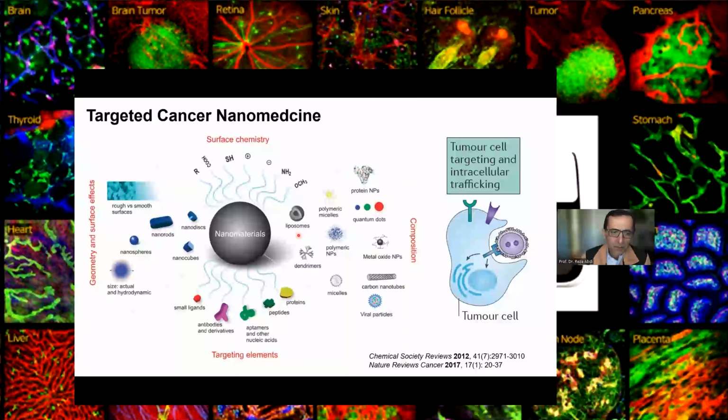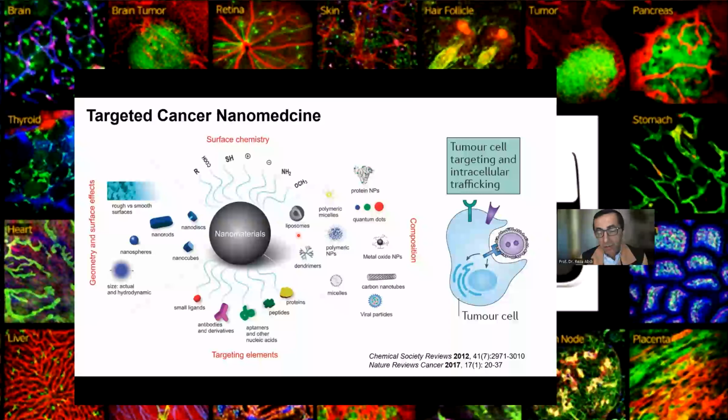And most of you guys know about these particles, and there are various forms of particles, but I think one of the nice things about imaging is that you can put different dyes to these particles and monitor the trafficking.